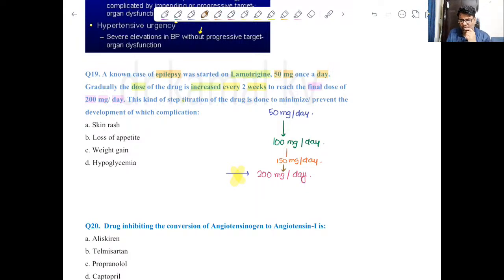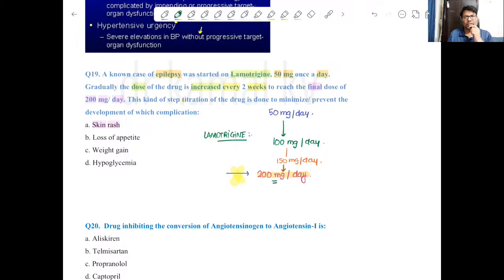So we took almost 3 weeks to reach up to the dose which we want to have for appropriate effect. Now this is needed to prevent development of skin rashes, right? So this is how the Lamotrigine should be started in a patient.